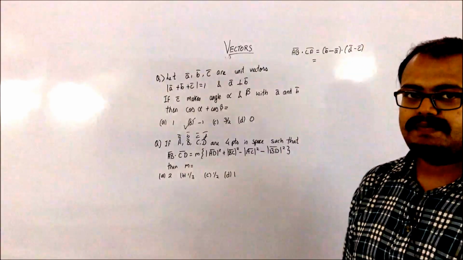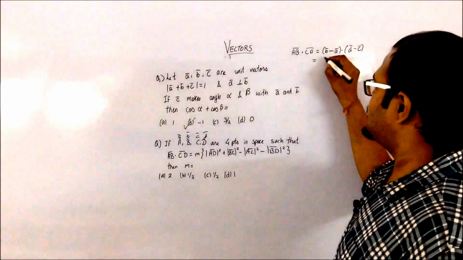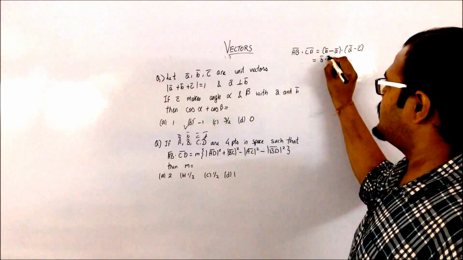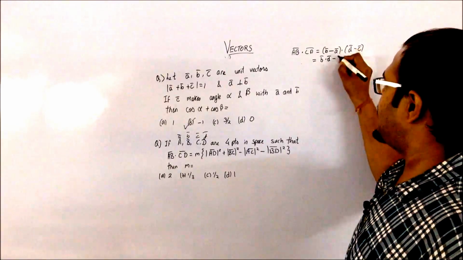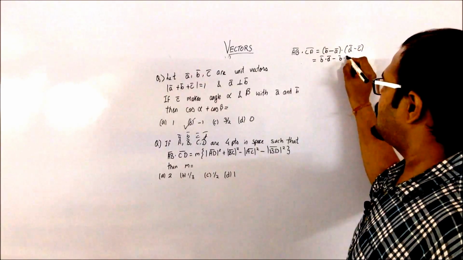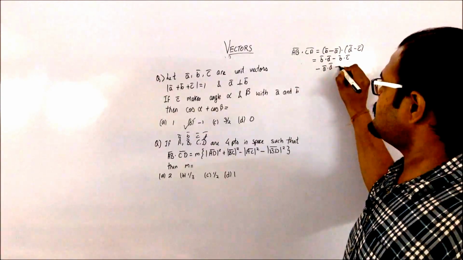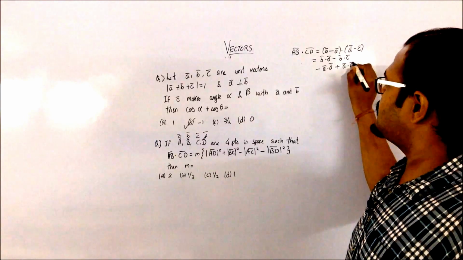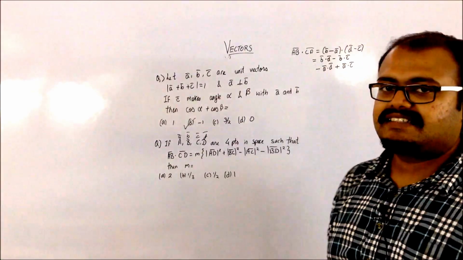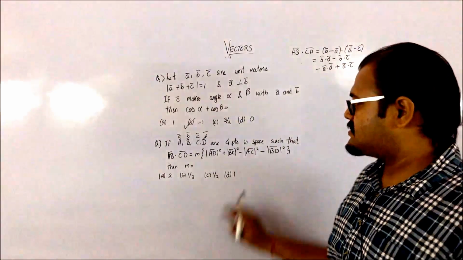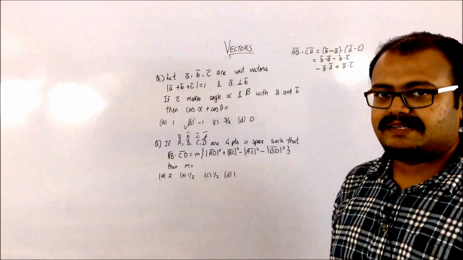So if I just open this bracket, I will be getting it as B bar dot D bar minus B bar dot C bar minus A bar dot D bar plus A bar dot C bar. So I have simplified this term into these terms. Let us go and watch what is happening in this particular bracket.